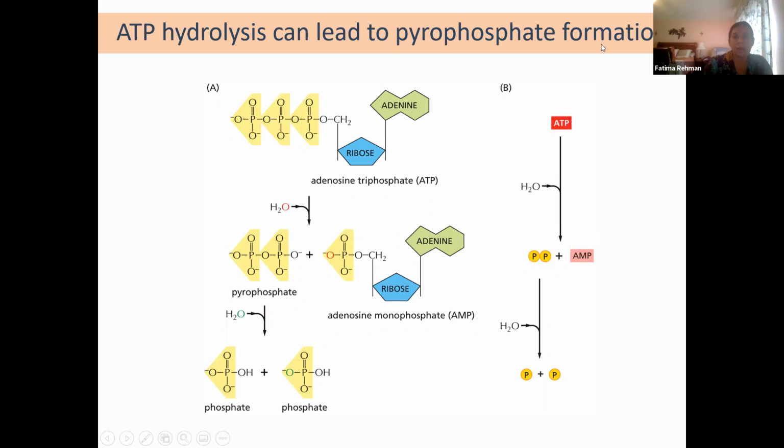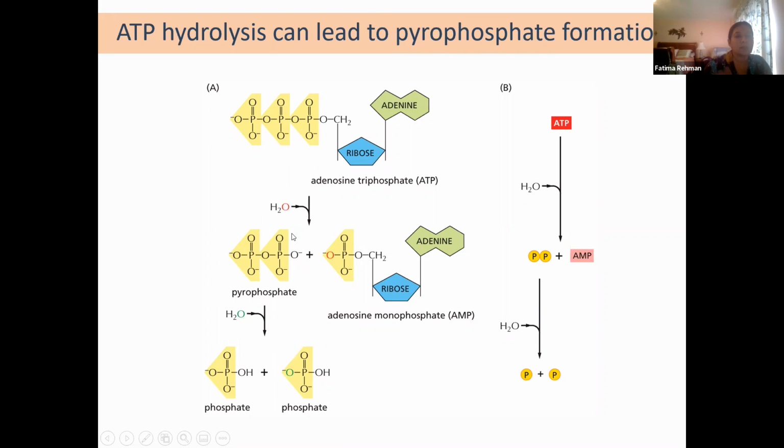So here is an example of exactly that. When we are building many of these macromolecules, what you get in ATP hydrolysis is not just a single phosphate group getting taken off, but rather a pyrophosphate formation where two phosphates are broken off together, and then the two phosphates are broken down further to create even more energy.